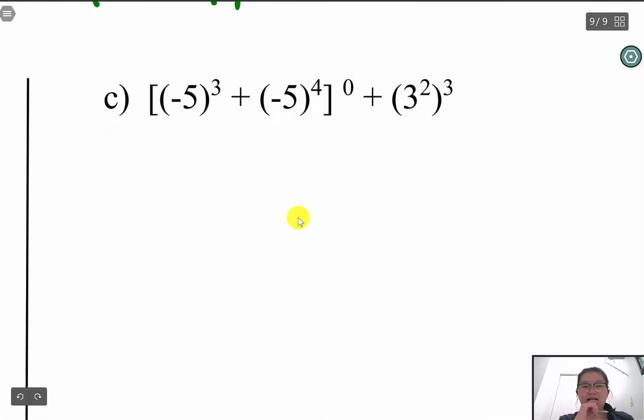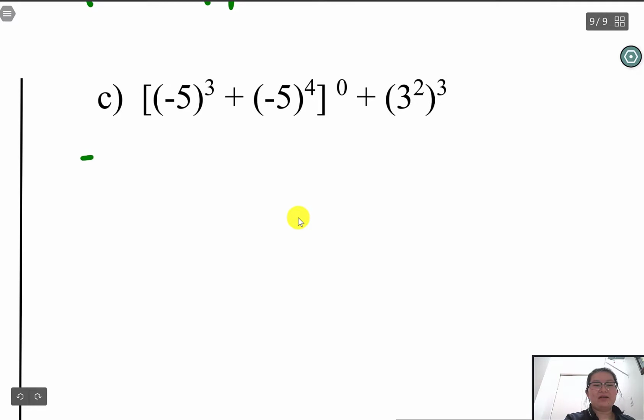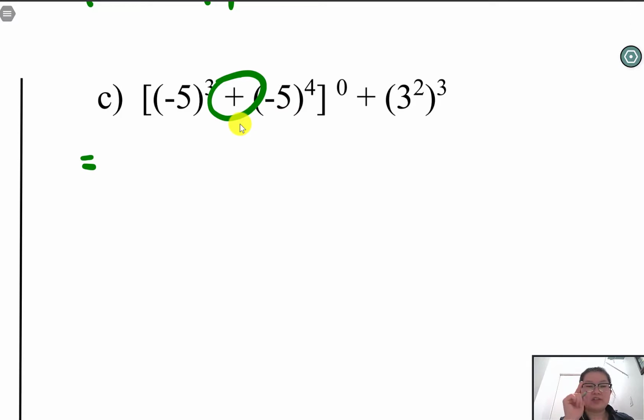Let's take a look at C now. Haha. C. Well then. First of all, we have to be very careful. You may have been tempted to add these two exponents, but be careful. There's a plus sign. So this is not multiplying exponents. You can't use exponent laws for adding and subtracting. But what is very funny here is that this whole thing is raised to the power of 0. And anything that's raised to the power of 0 is equal to 1.